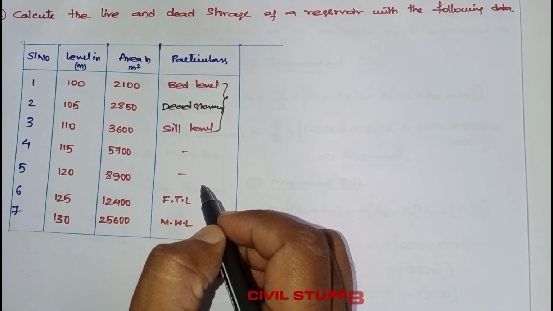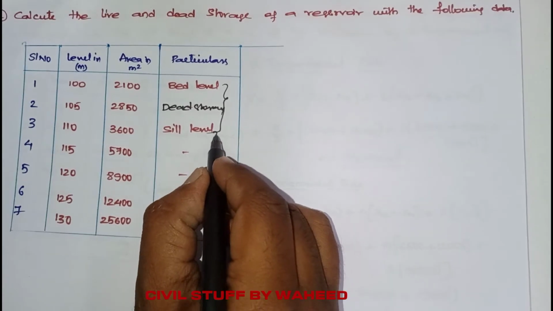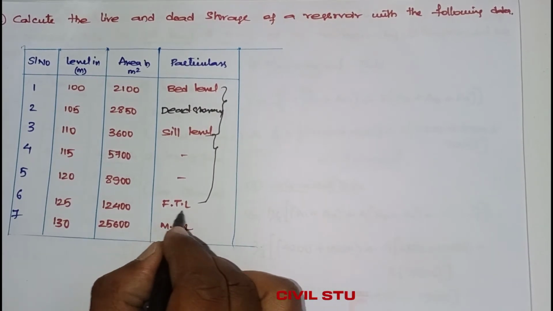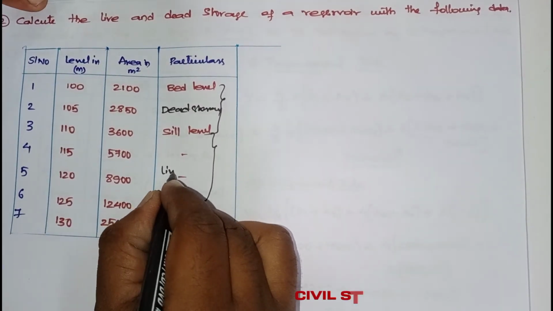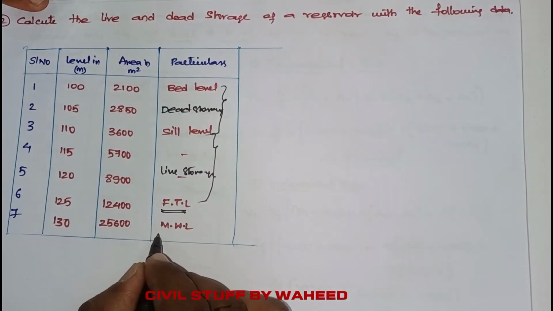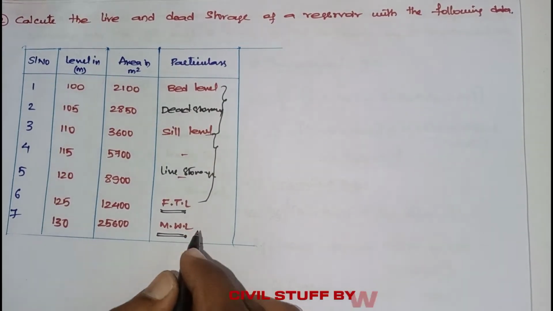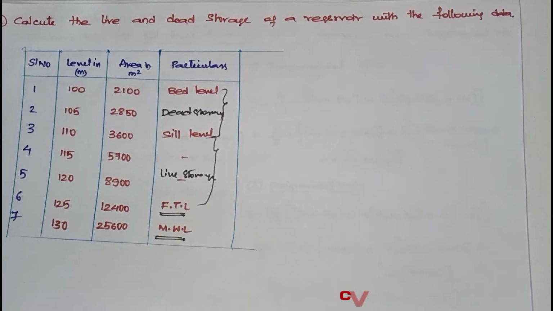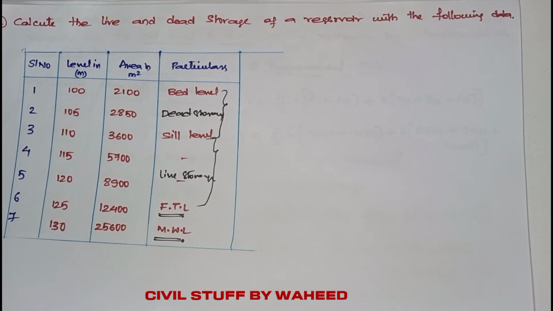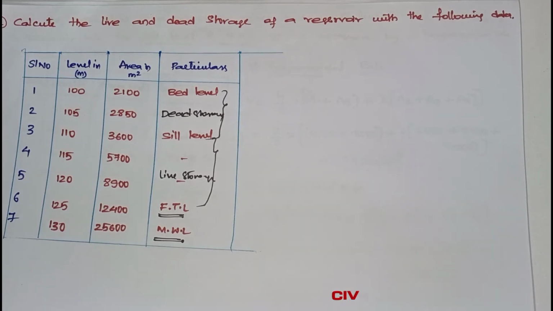While calculating live storage, you have to take up to this only. Why? This is full tank level, and this is maximum water level. Sufficient freeboard will be provided for every dam or any embankment structure. For that reason, you have to calculate like that.